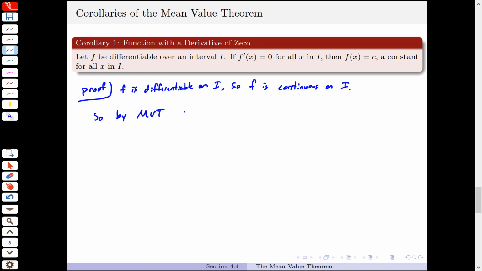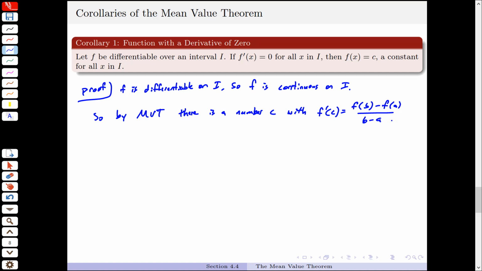So by the mean value theorem, there is a c with f prime of c equals f of b minus f of a over b minus a.